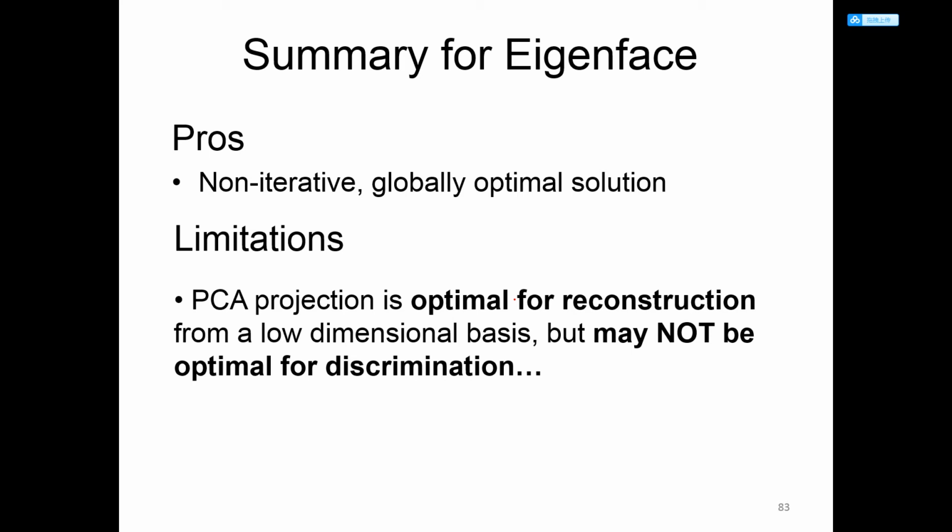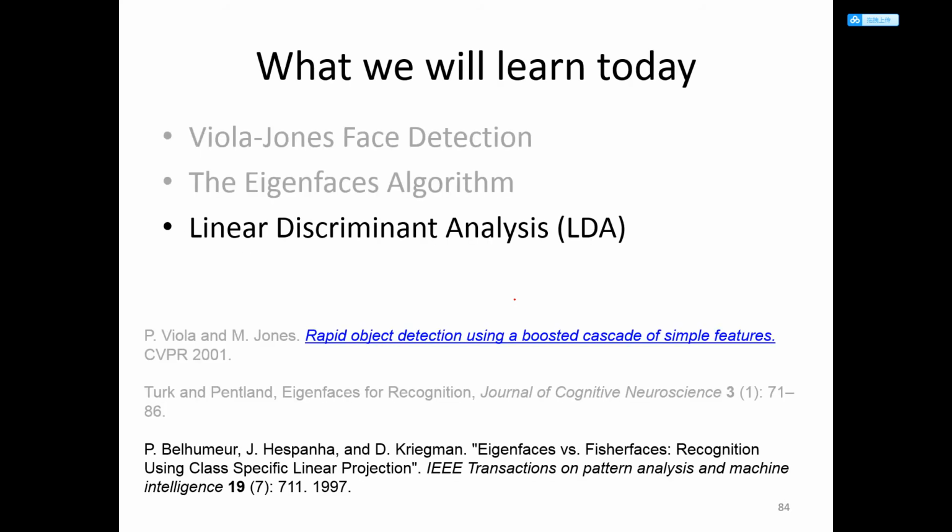You have this very efficient representation to reconstruct the face, and it's actually optimum if you assume a linear model. But it's not optimum in terms of discrimination, or classifying one face, like Joe's face, from maybe Unix face or Travis face.